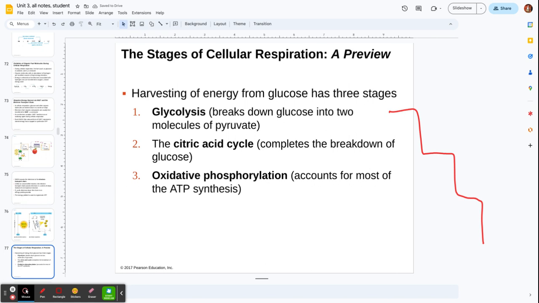Okay, last thing I'll talk about, and then we will end there. Those step-by-step reactions occur in a series of 3 stages. Those 3 stages are listed here, and this is what we will work on next time: glycolysis, the citric acid cycle, and, there's a fun word, oxidative phosphorylation.